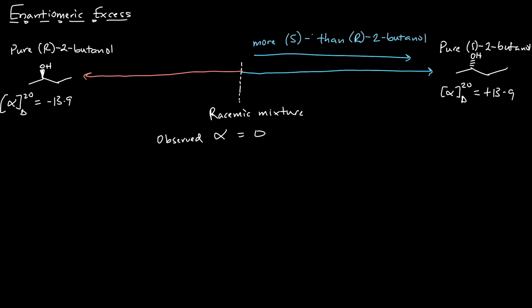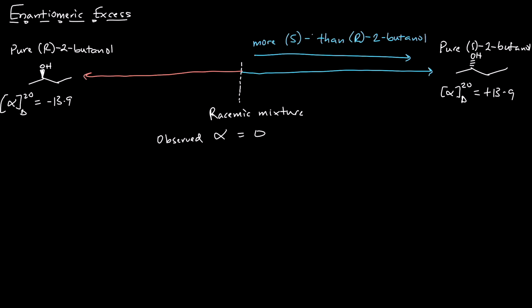This would mean that if you have an unequal amount of both enantiomers and you had more S-2-butanol than R-2-butanol in your sample, you should get an observed alpha that is a positive value, but it will be less than 13.9. So somewhere in between 0 and 13.9 will be your observed alpha if the S-2-butanol is more than the R-2-butanol in your sample.